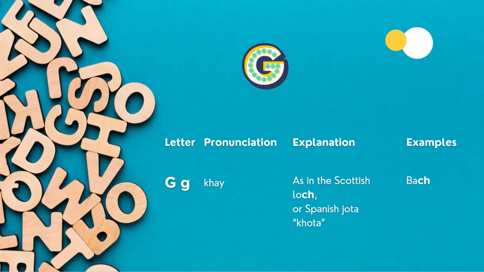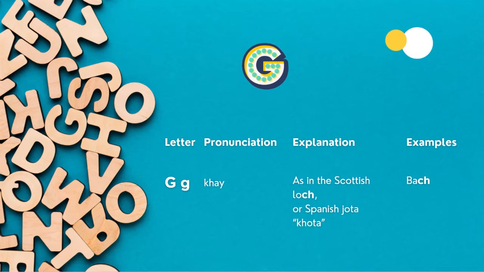And the letter G is pronounced in different ways. So depending if you're in the northern part of the Netherlands or in the southern part or in Belgium, it's pronounced differently. So let's say for the pronunciation of this one, G. So explanation as in the Spanish gota.